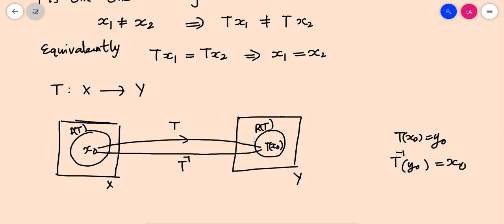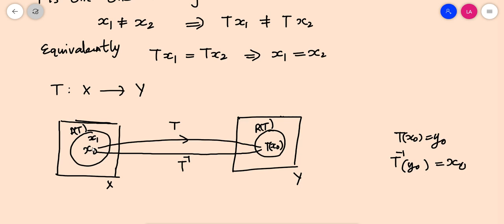Because if the function is not one-one, which means that there exist some x naught, x1 such that x naught is different from x1, both of them map onto the same element, let's say y naught, then its inverse T inverse should map y naught onto x naught as well as x1, which is not at all possible.